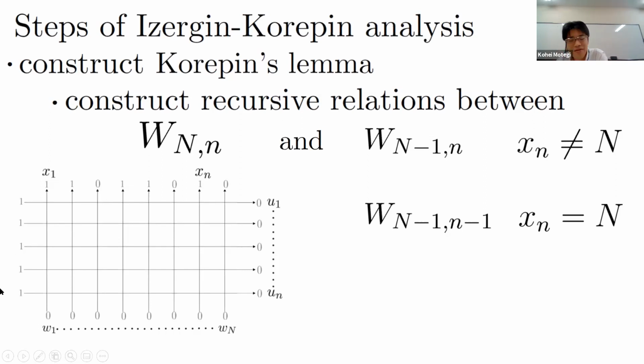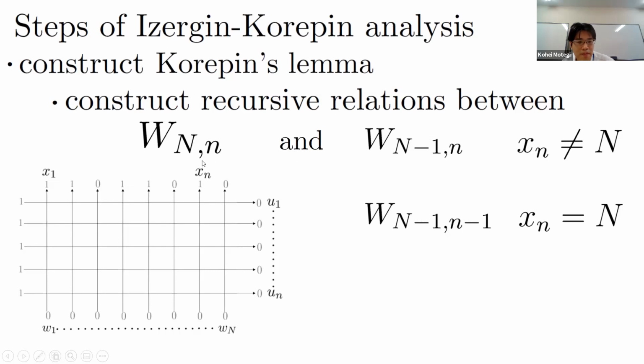I will construct a relation between this partition function and the smaller partition function. So this partition function consists of small n rows and large n columns, and I will connect this with a smaller one, which has large n minus 1 columns.